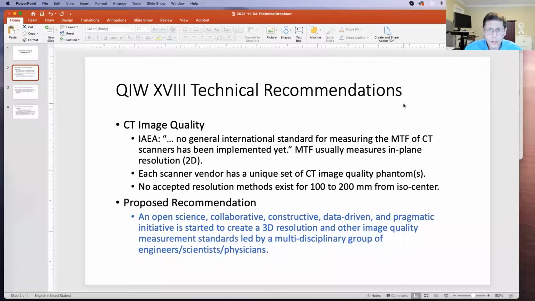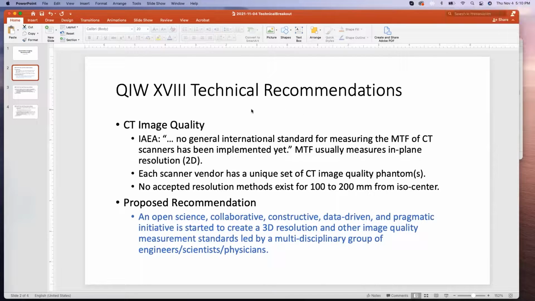Agreed. So have you had issues with resolution not being a standard when you're trying to come up with better COPD methods? Well, not really. I think it's the noise that's the issue.